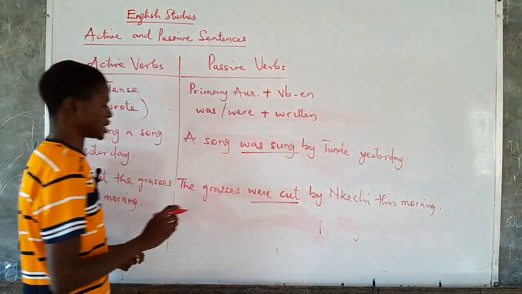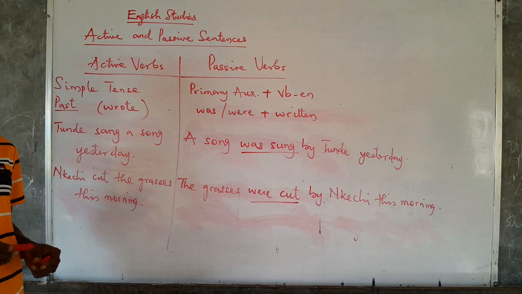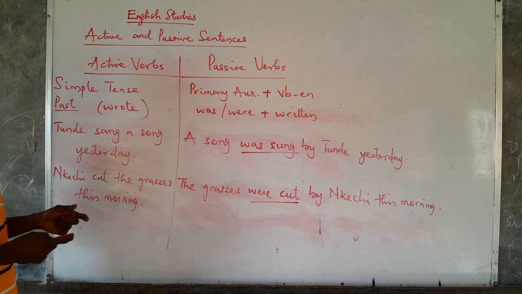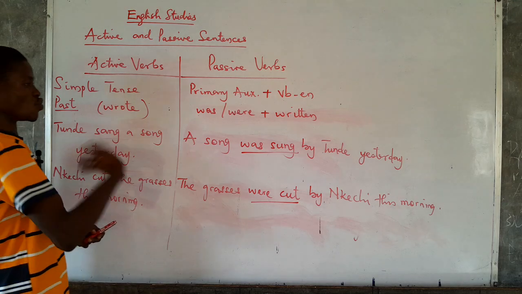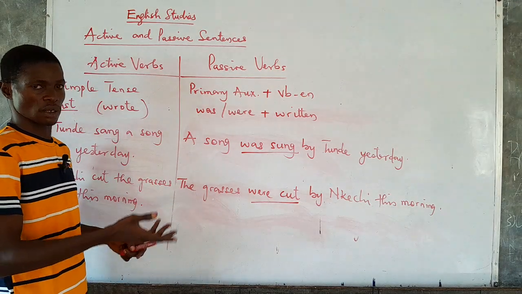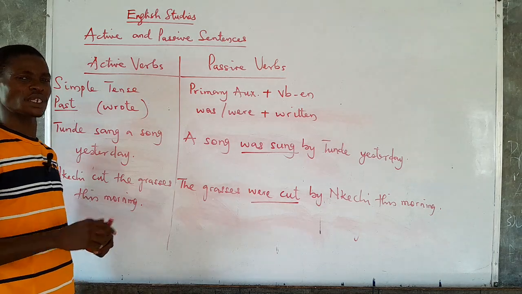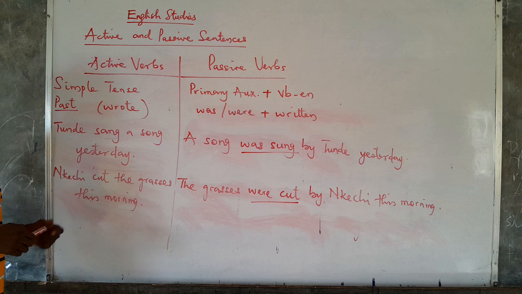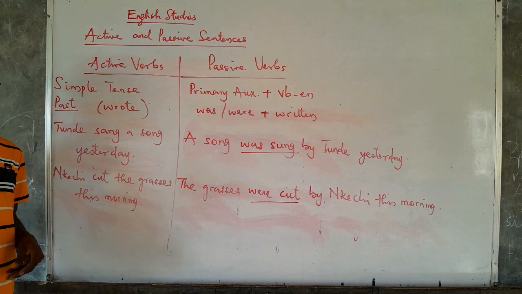That is pretty simple. But one major problem and one major mistake that the students do make is this. Most of the time, they may get confused, thinking everything will be was sung, was done, was written, was known. Not everything is was. The first thing you do is consider the tense that is used in the active form.